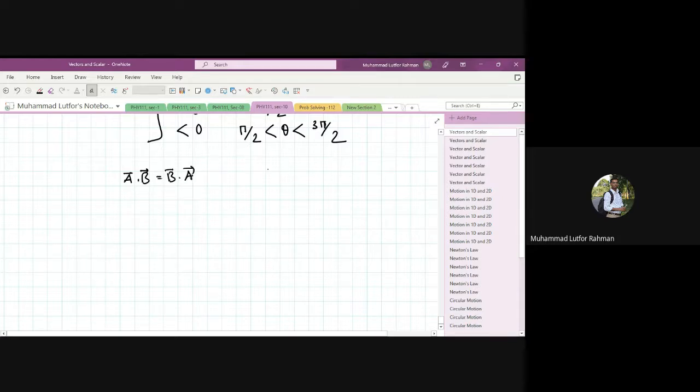So it doesn't care about the order. Sorry, it's not a cross, I'm making a mistake. Use this thing over here because it's a vector and a scalar quantity. So if you write 5 times 2, that would also be 2 times 5. It's the same thing, right? So the product would be basically 10.